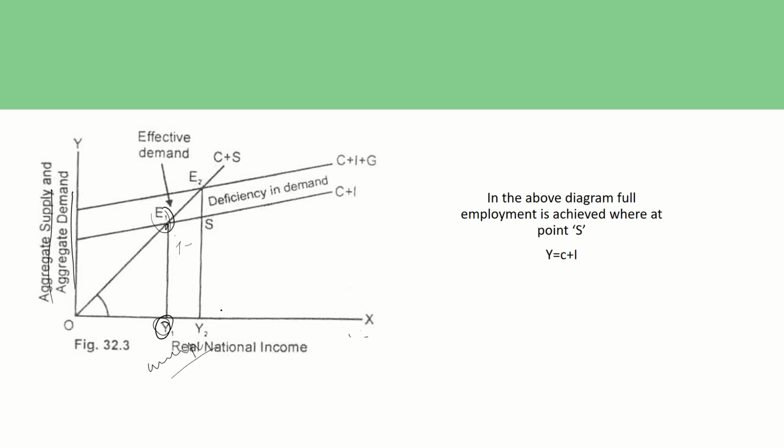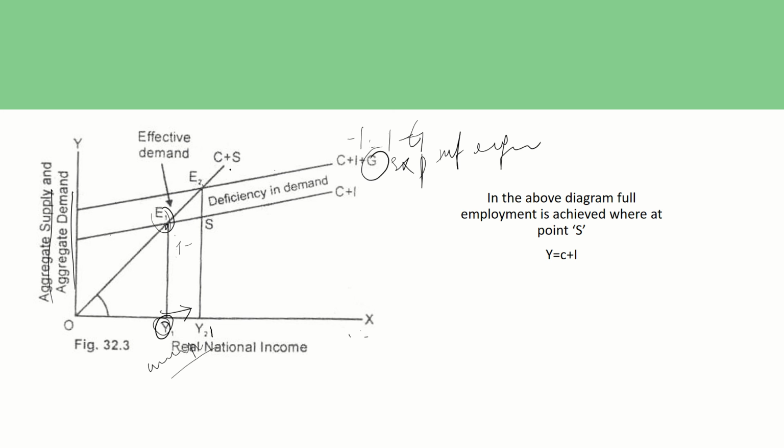It's not full employment. To increase employment towards full employment, Keynes suggested increasing the aggregate demand, where consumption plus investment plus government expenditure. Government interference is a must to achieve full employment.